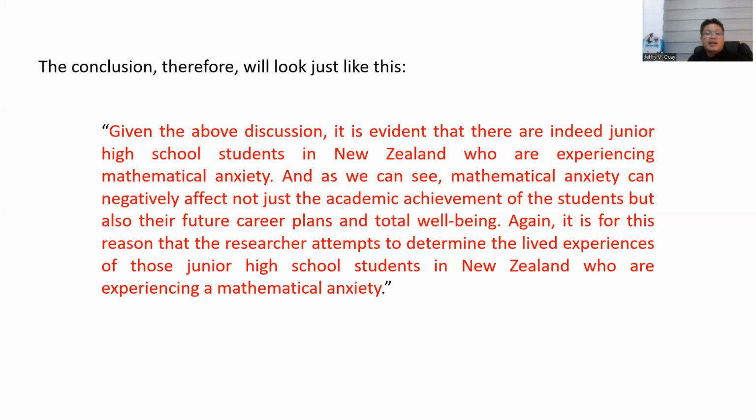And as we can see, mathematical anxiety can negatively affect not just the academic achievement of the students, but also their future career plans and total well-being. Again, it is for this reason. Again, we use the word again because we're just rehashing what we mentioned in the opening paragraphs. Again, it is for this reason that the researcher attempts to determine the lived experiences of those junior high school students in New Zealand who are experiencing mathematical anxiety.